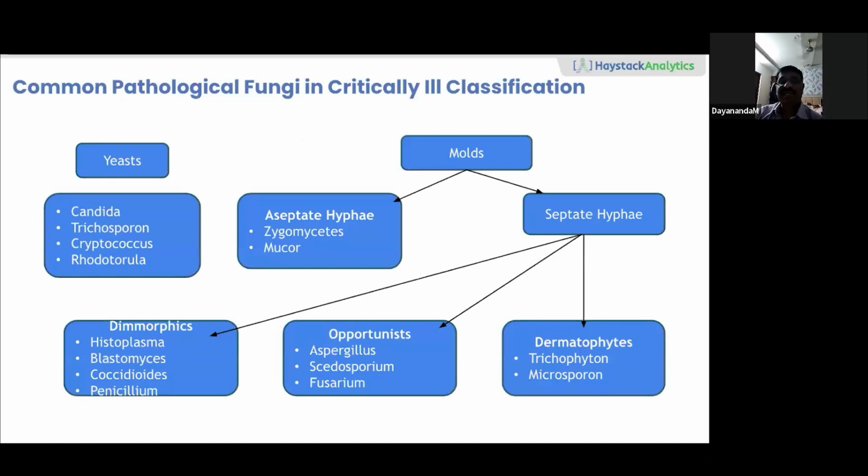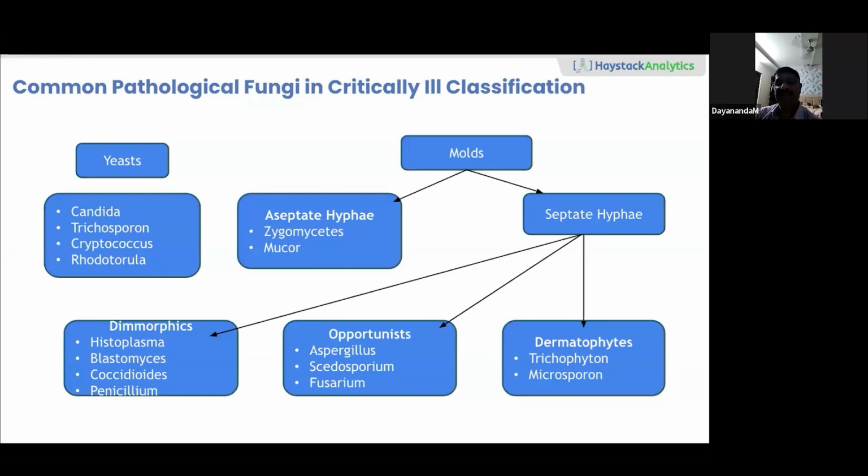Coming to the classification of pathogenic fungi, we basically classify them into yeasts and molds based on morphology. Yeasts include Candida, Trichosporon, Cryptococcus, and Rhodotorula. The molds include aseptate hyphae and septate hyphae. In aseptate hyphae, we include zygomycetes and mucormycosis, which was notorious during COVID.